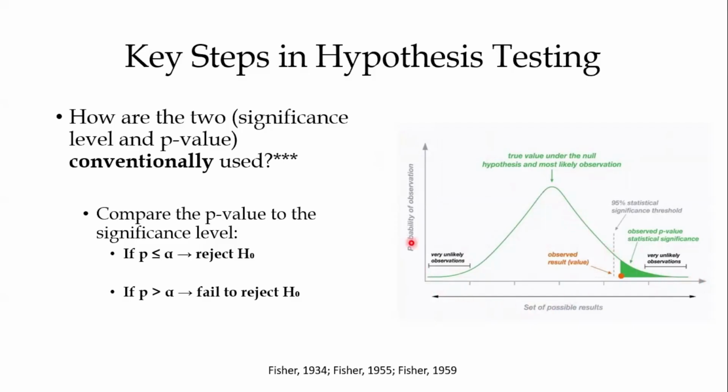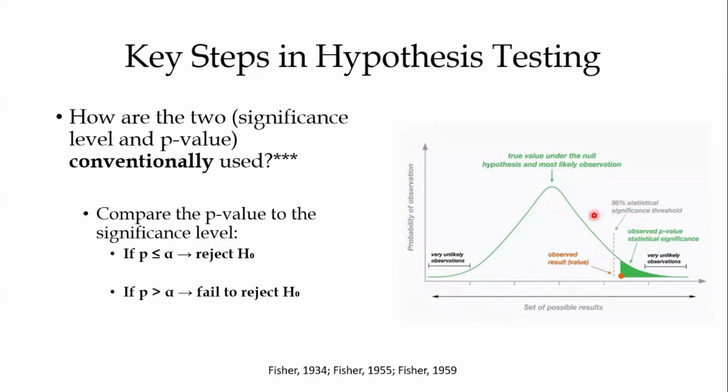So for example, this is a plot of the set of possible results that you can get vis-a-vis the probability of observing that result. Towards the edges of this bell curve, you tend to have extreme observations, which most of the cases will be very unlikely observations.